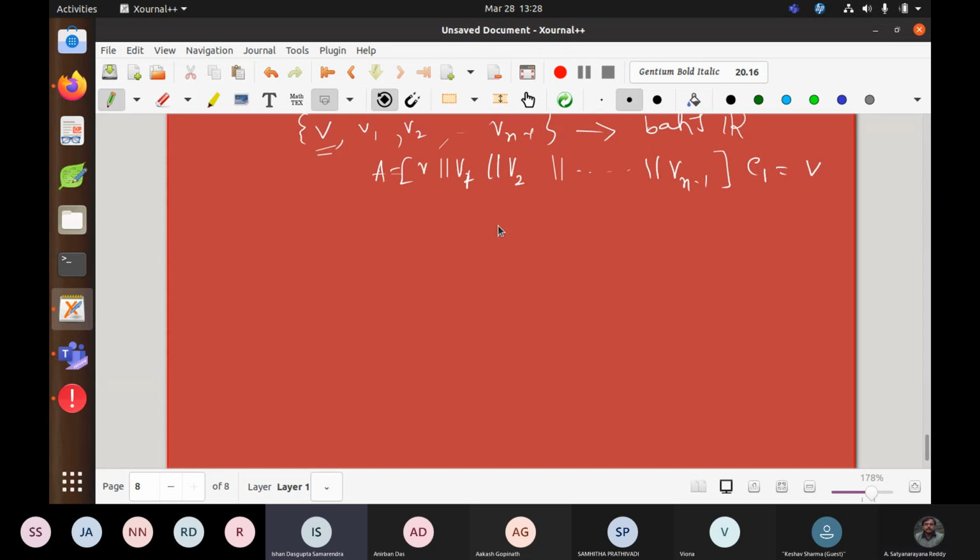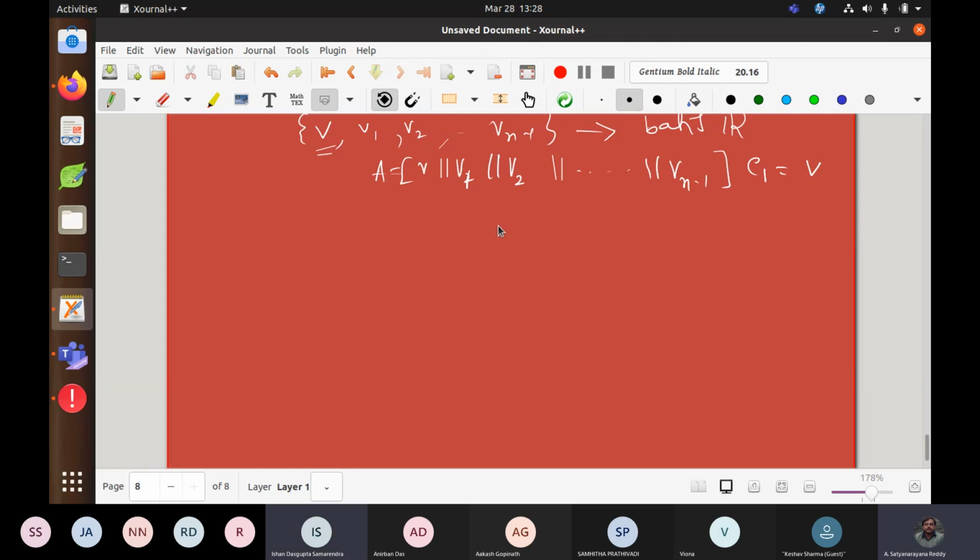Once you say that A is a linear map which takes E1 to V, and E2 to whatever, you get that it's invertible. I have to find a map that takes E1 to V, but so far I only know that it takes E1 to V. But I want to construct a map which takes E1 to V and is non-singular.